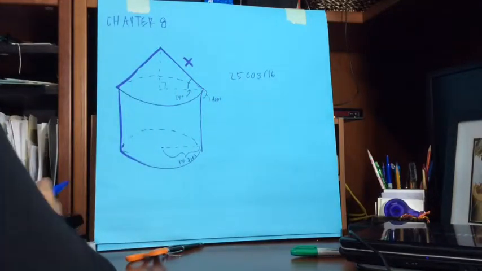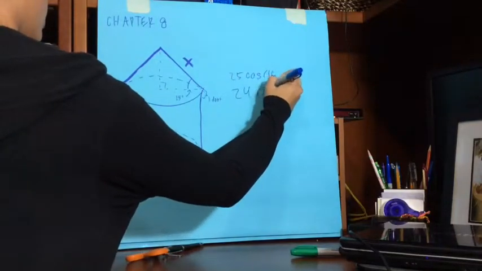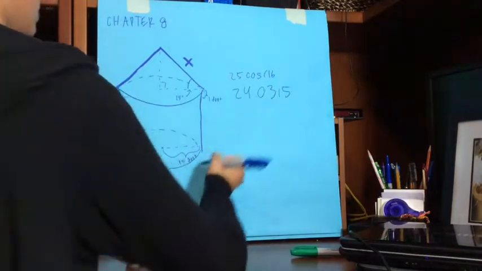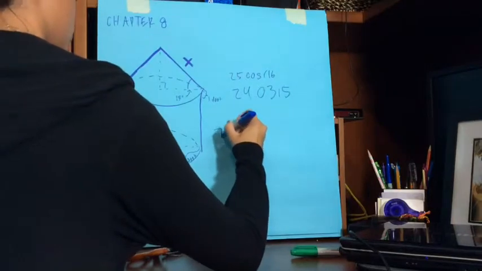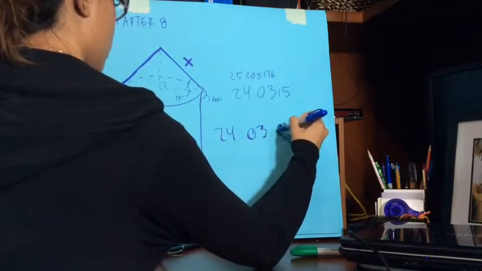When you plug this into your calculator, you're going to get an answer of 24.0315, which you can round to 24.03 feet.